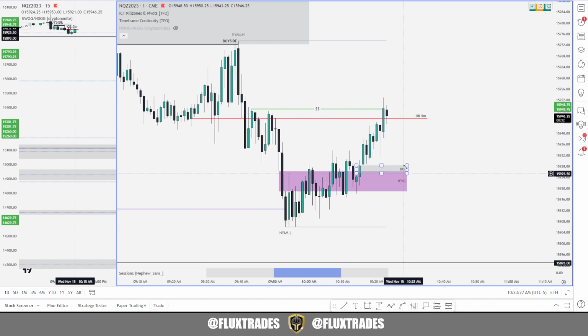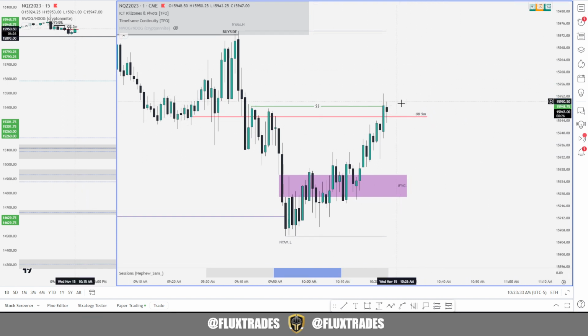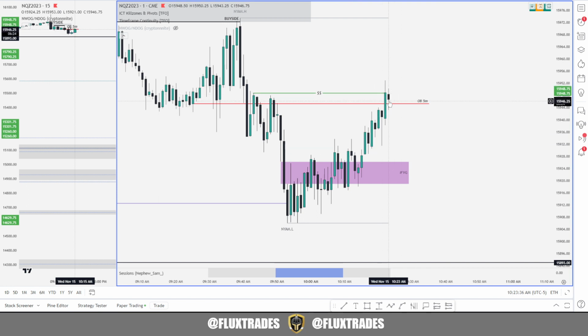Let me remove some of this. That's good enough, right? Need to see a clean reversal, clean trade through these bullish order blocks here. I would prefer if we can kind of just accumulate here, see another sweep of the buy stops, and then trade back lower. So something like this.